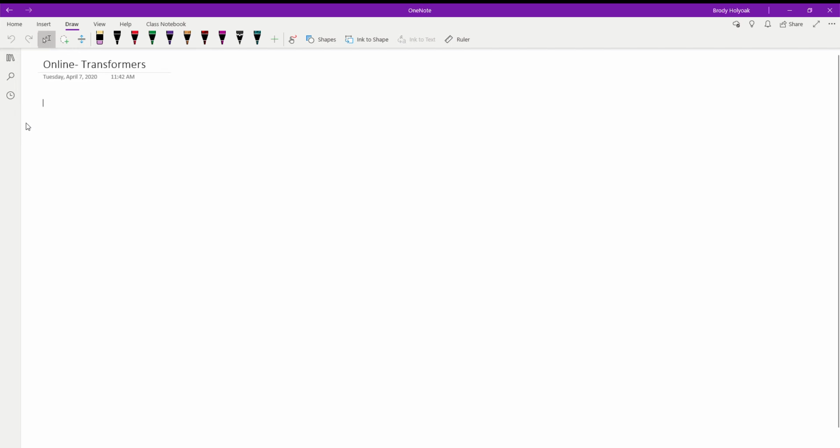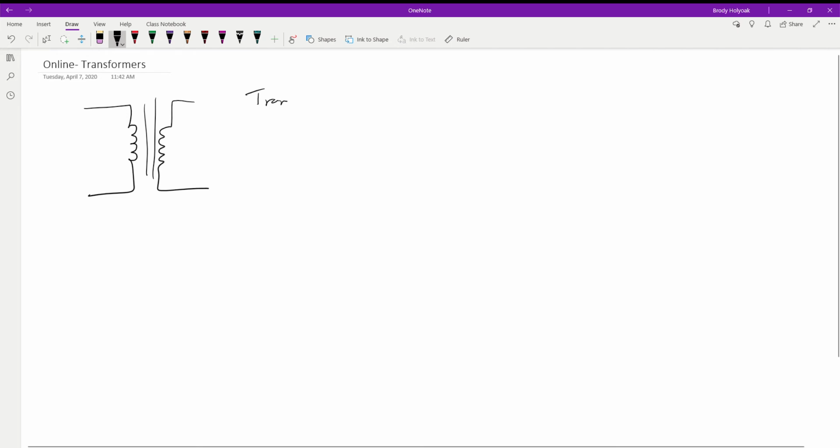So the idea is with transformers. This is the schematic symbol for a transformer. Most of the time they're going to look like that, because that's going to be the core of the transformer.